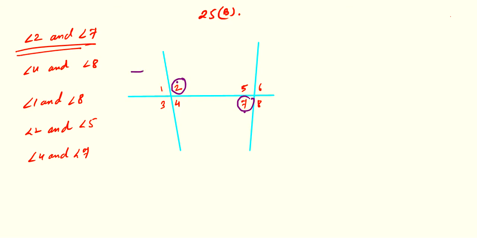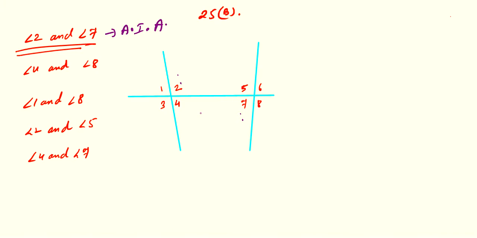As I told you, if you are taking one angle from this side, then the other angle, if you are getting from this side, that is opposite. So the angles are alternate angles. यहाँ पे एंगल 2 और एंगल 7 दोनों इंटीरियर है, इनसाइड है. एंगल 2 इस तरफ है, एंगल 7 इस तरफ है. So angle 2 and angle 7 both are alternate interior angles.